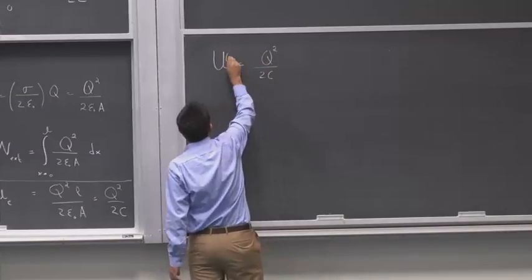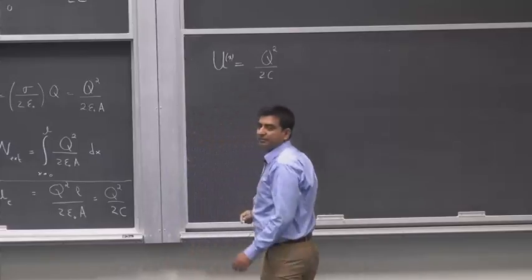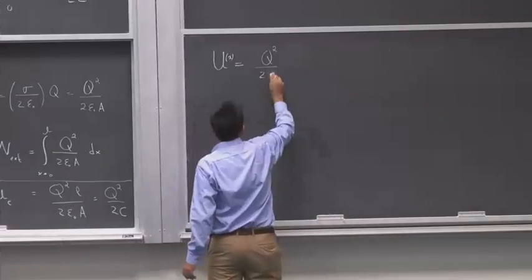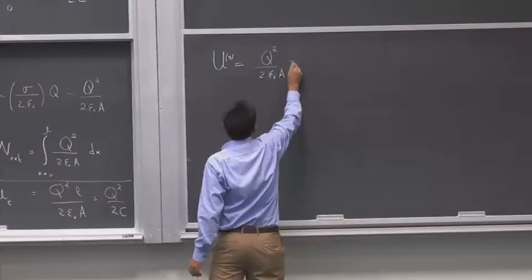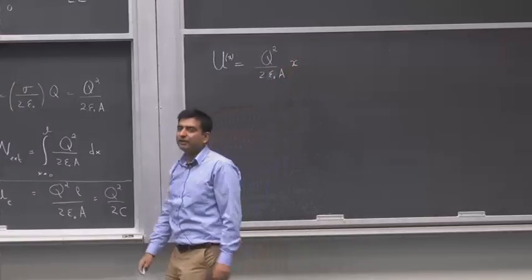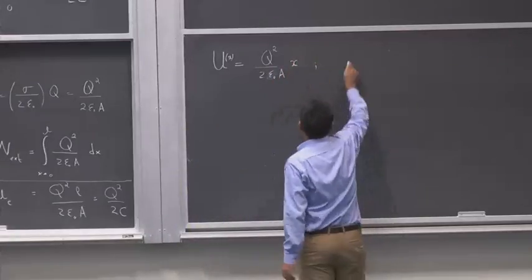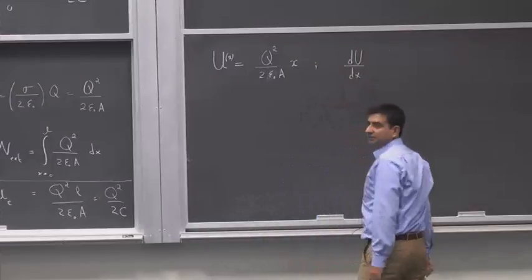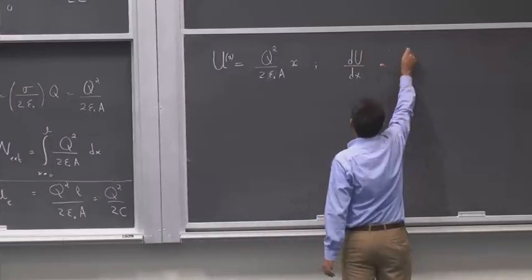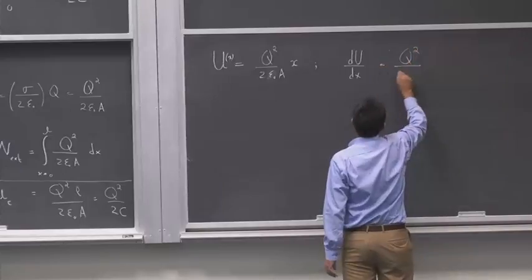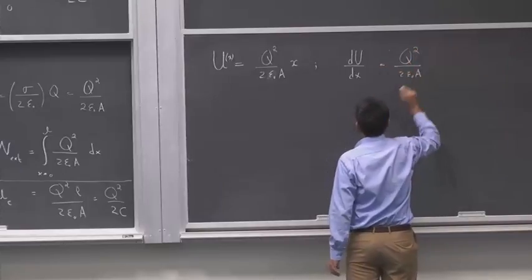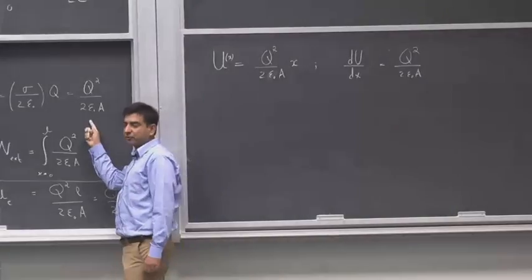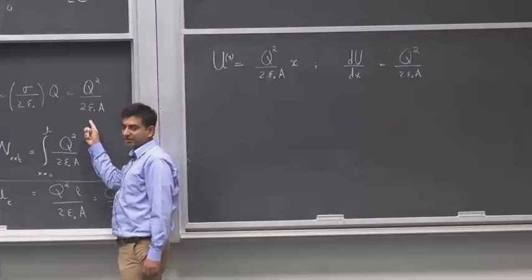If the separation of these plates is x, it's Q squared over 2 epsilon naught A into x, right? Now let's take the derivative of this, dU by dx. That's going to be equal to Q squared over 2 epsilon naught A. Isn't this just the magnitude of the force that is acting on this negatively charged plate?